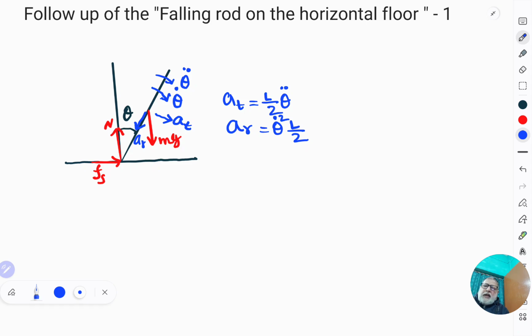They are mg and N. So why at all does the static force of friction come into play? If there is no external force in the horizontal direction, our system should not have a tendency to slip horizontally, and therefore how do we explain the appearance of the static force of friction?